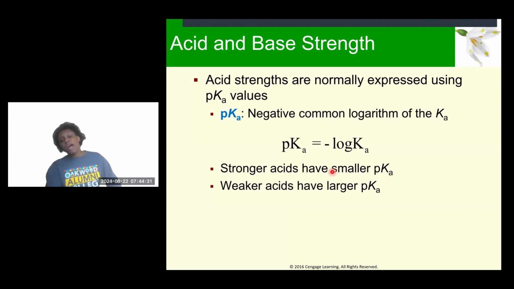And so stronger acids have smaller pKa's, and weaker acids have larger pKa's, and that's the same relation as pH. When we have a low pH, that's an acid. If you have a high pH, then that's a base. So it kind of follows along that same pattern. Stronger acids have smaller pKa's.